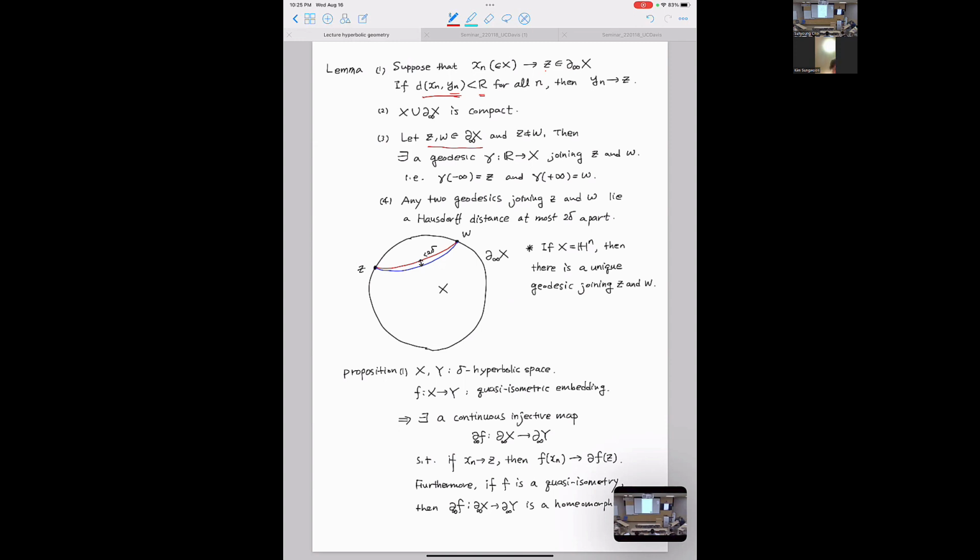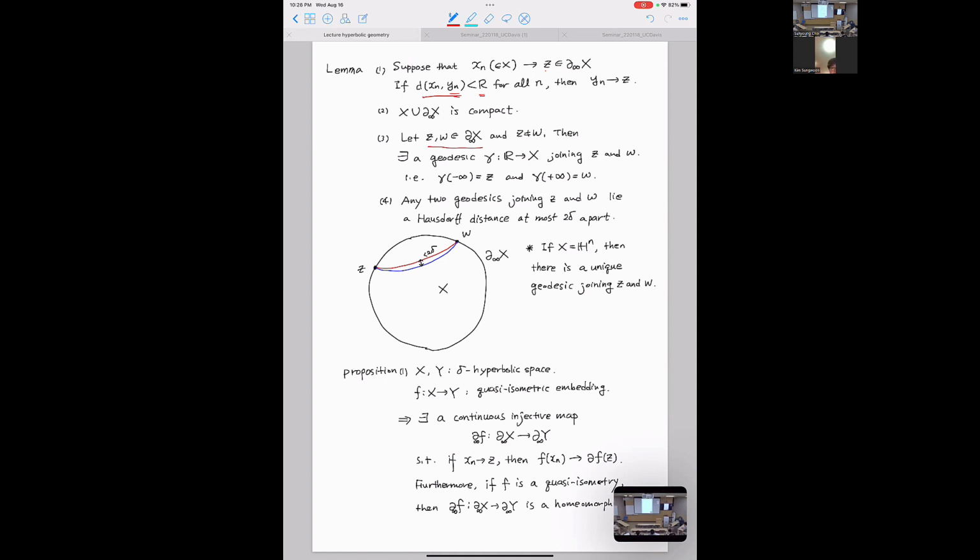So that is some important property of hyperbolic space. For example, Euclidean space does not satisfy this one. I will explain why. So this is the important property in hyperbolic space.